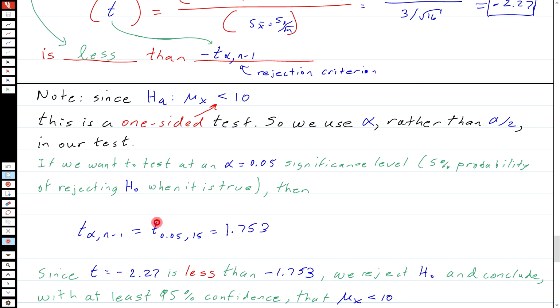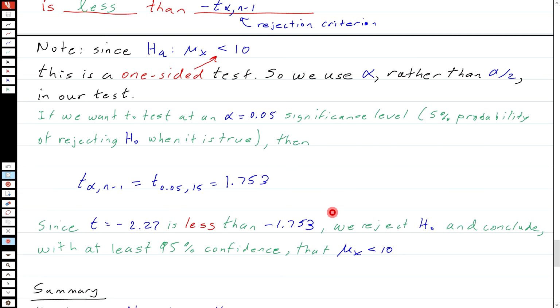Then my t alpha with n minus 1 degrees of freedom is t 0.05 with 15 degrees of freedom. I looked this up in the t table. I get 1.753. And since our computed test statistic minus 2.27 is less than minus 1.753, we do reject H naught and conclude with at least 95% confidence that mu x is less than 10.